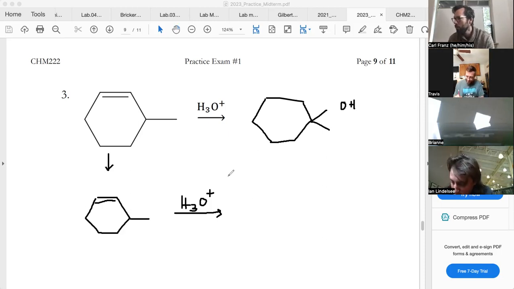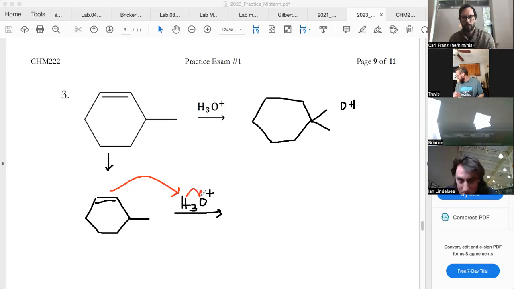Okay, you all done? So we have this happening. Yeah, so proton transfer.